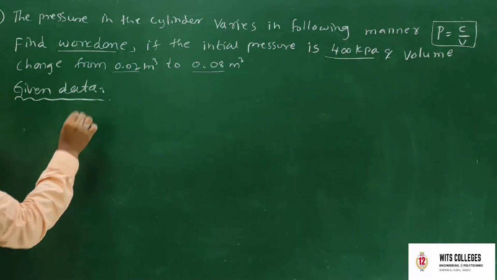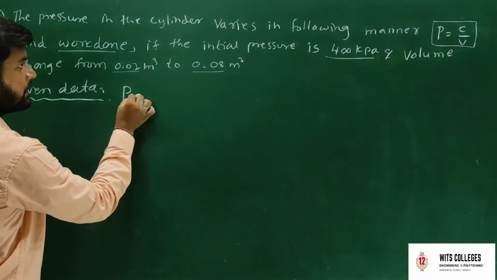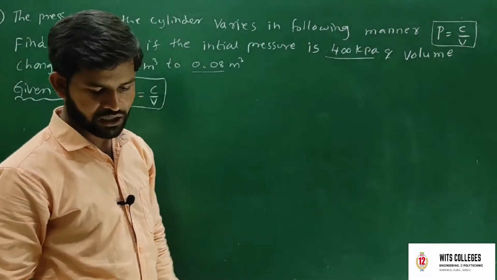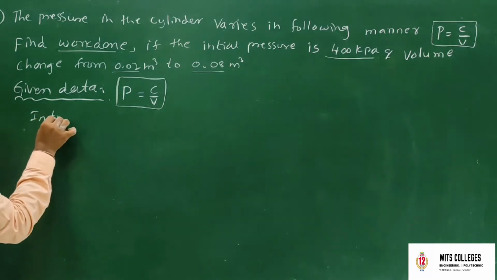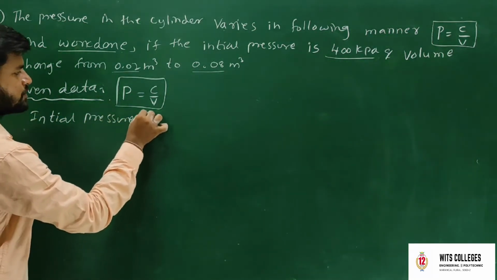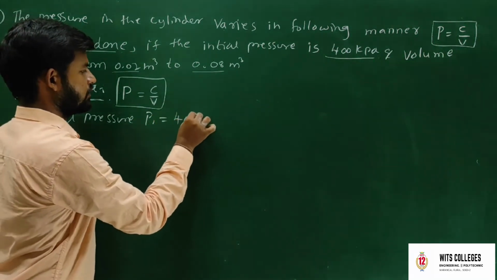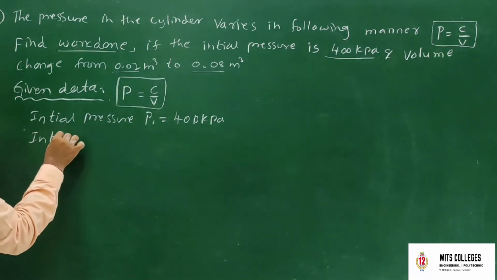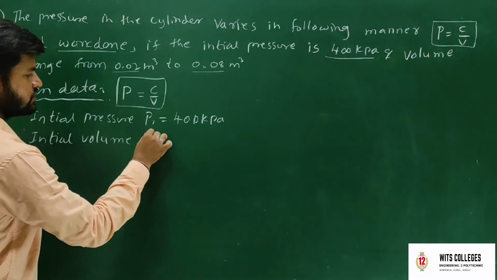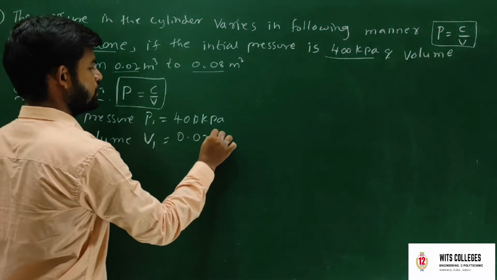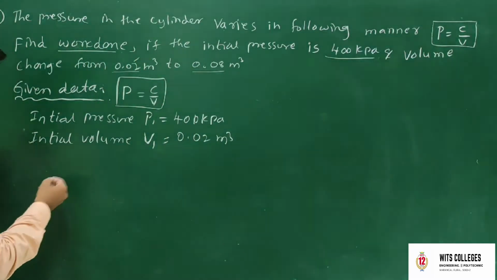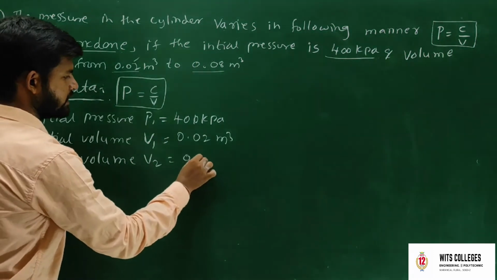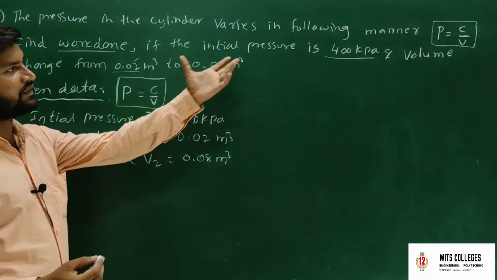P = C/V, pressure equals C by V, as well as the initial pressure P1, which is 400 kilopascal, that is nothing but 400 kN/m². The initial volume V1 is given as 0.02 m³, and the final volume V2 is given as 0.08 m³. These are the values given in the problem.